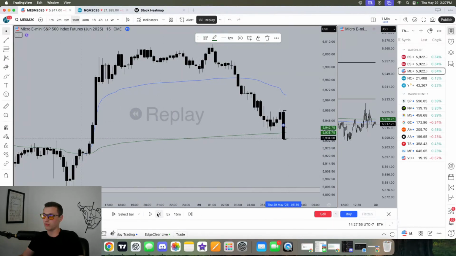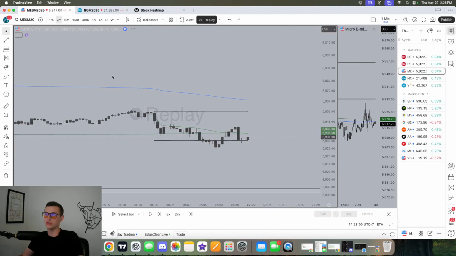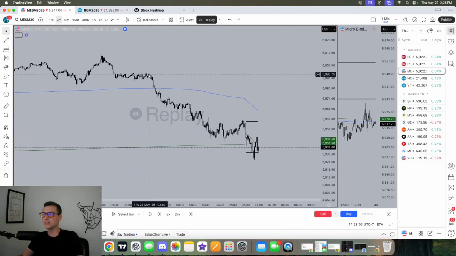If we go to the 2-minute chart, price is just selling off completely. If I were to buy here, I am buying with the prevailing 15-minute trend, but I am absolutely fading whatever current momentum there is.